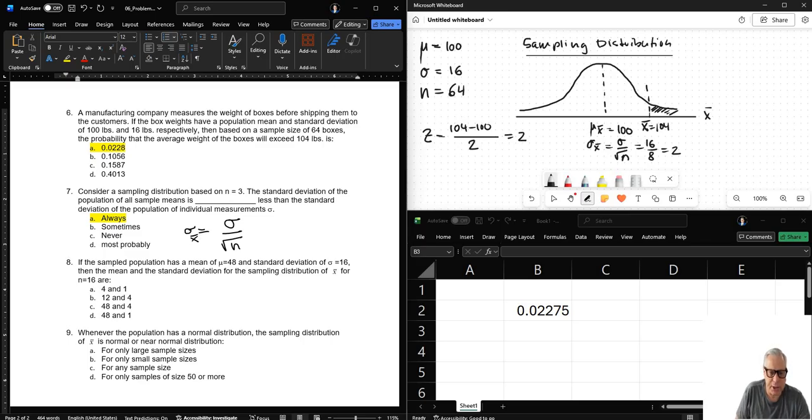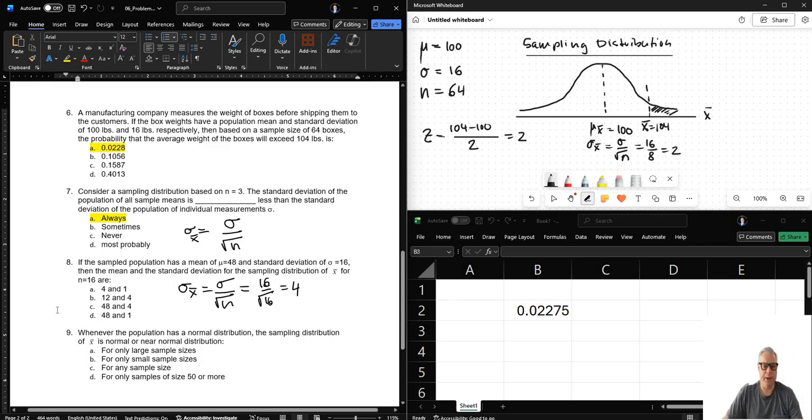But the standard error is equal to the population standard deviation over the square root of n, and that is equal to 16 over the square root of also 16, so that is 16 over 4, so that's 4. So the correct answer is 48 and 4.